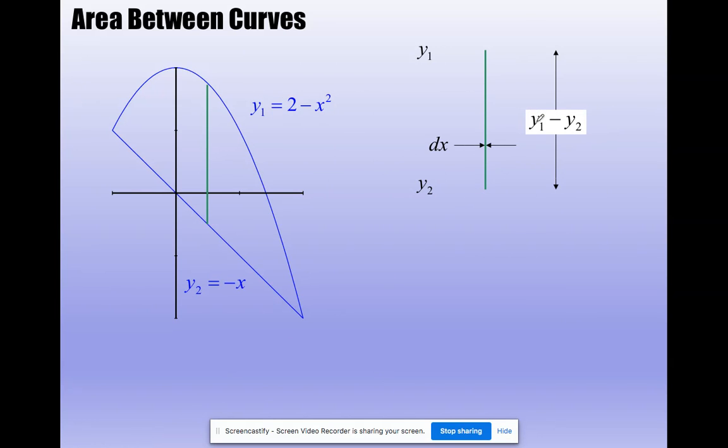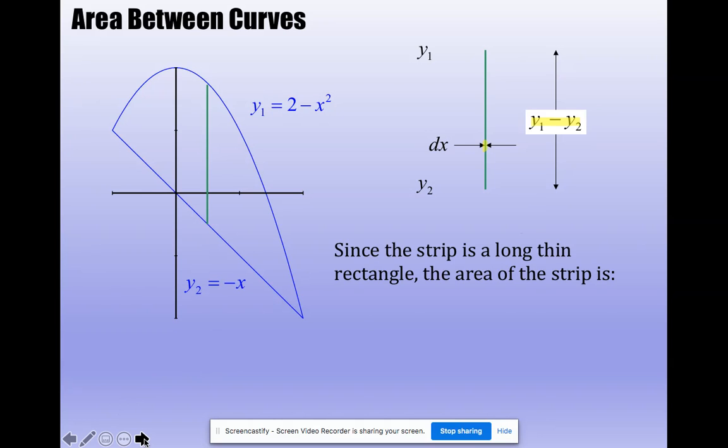If its length is y1 minus y2, and its width is dx, its area is length times width. That is the area of this one strip.